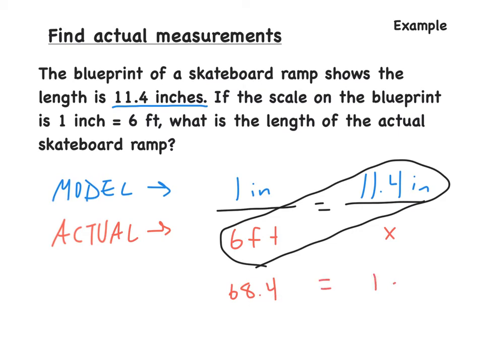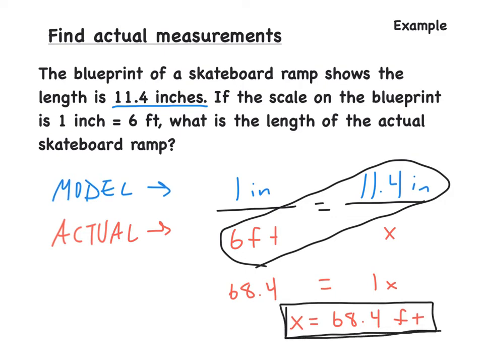That's equal to 1x, which is basically x is equal to 68 4/10 feet. Remember, we're talking about the actual measurements, so x is going to be equal to feet. So the actual length, x, is equal to 68 4/10 feet. That's the actual length of the skateboard ramp.